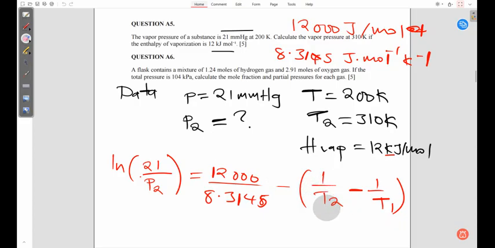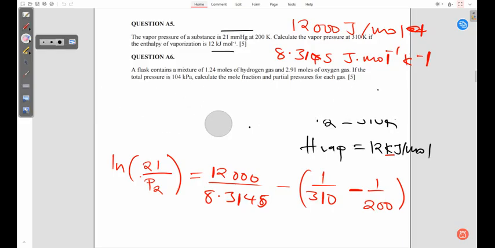So T2 is 310, and T1 is 200 Kelvin. Now the work that lies ahead is just for you to simplify this. That's all. So let's simplify.